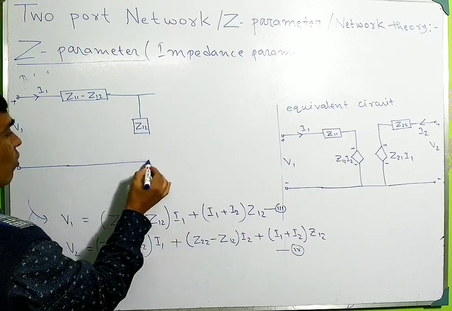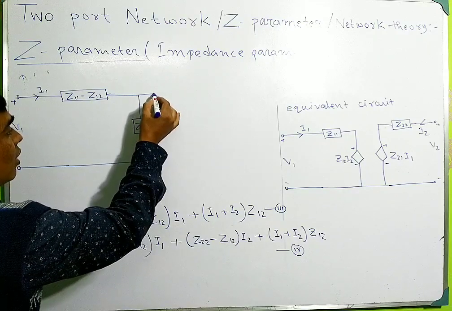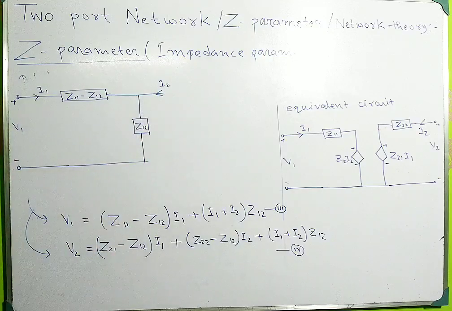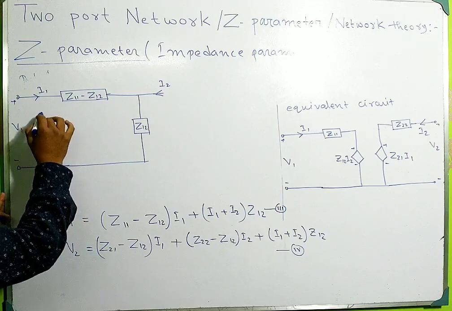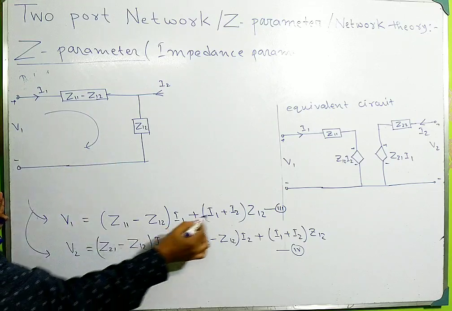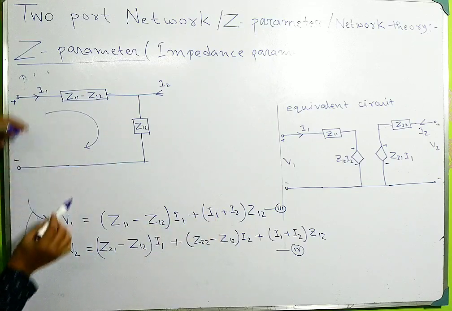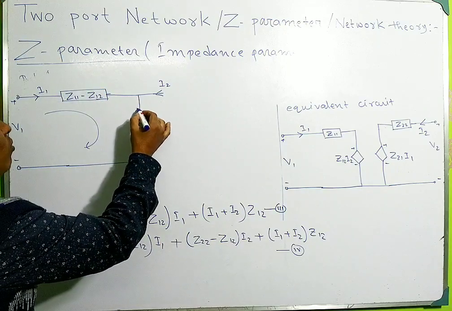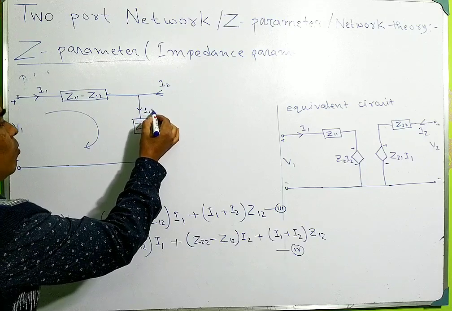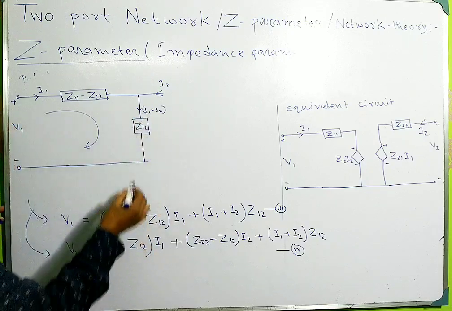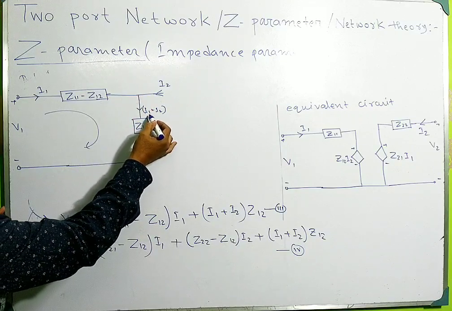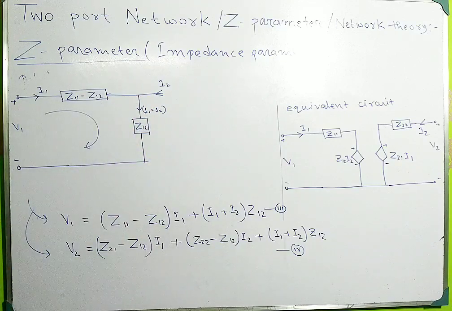The current in this direction is I1 plus I2. This is the input portion, and from it we get V1 equals I1 into Z11 minus Z12, plus the voltage across Z12, which is Z12 into (I1 plus I2).